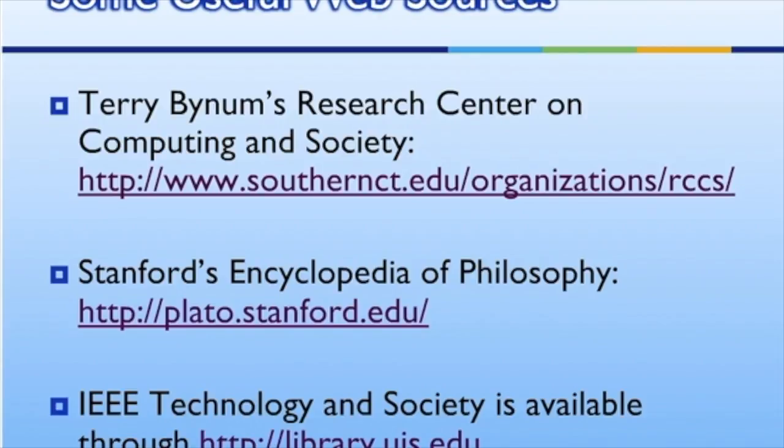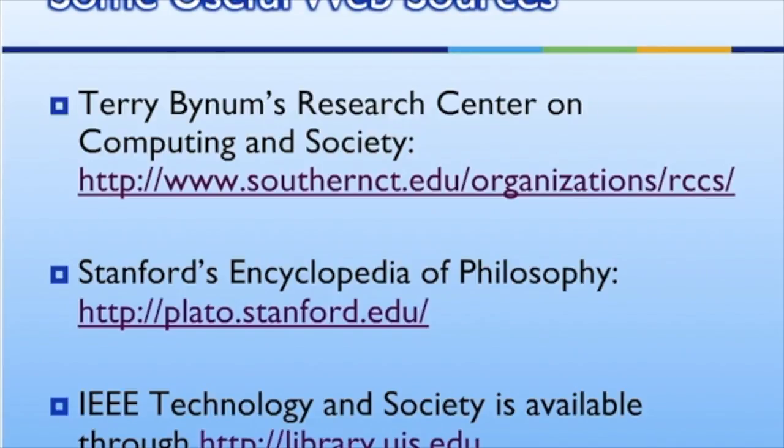Before I finish this lecture, I want to point out a few useful web resources that you might want to look at in addition to our textbook and other things that you're assigned to read. Terry Bynum at the University of Southern Connecticut has a research center on computing and society with lots of resources. The Stanford Encyclopedia of Philosophy is a reference work that I find handy.